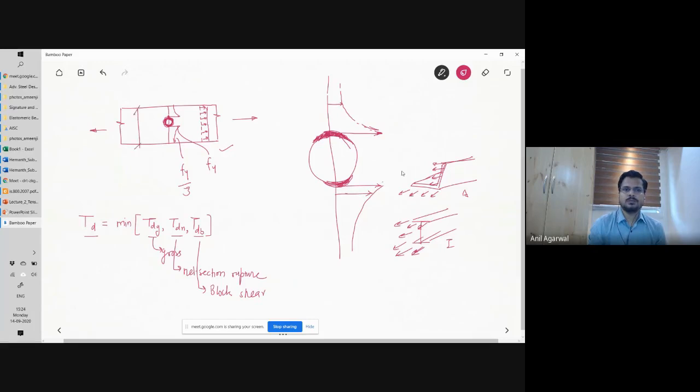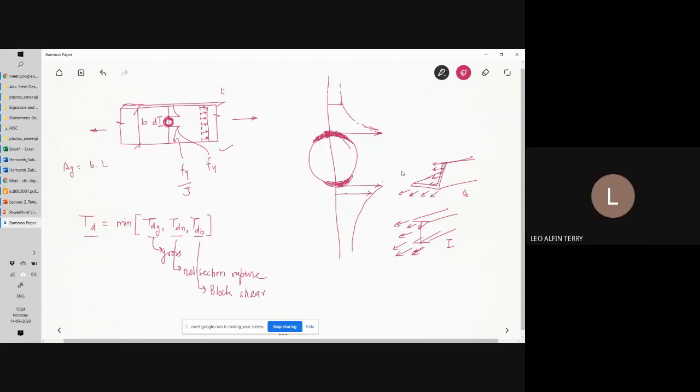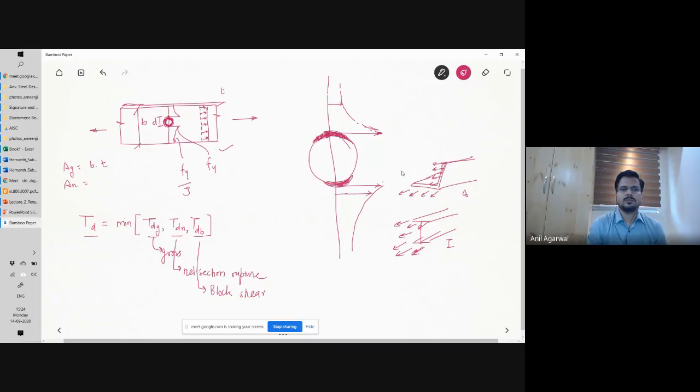This is total B. The diameter of the hole is D, and the thickness of the plate is T. Then the gross cross section area will be B into T, and A net will be B minus D into T. Simple, straightforward. There is no challenge.